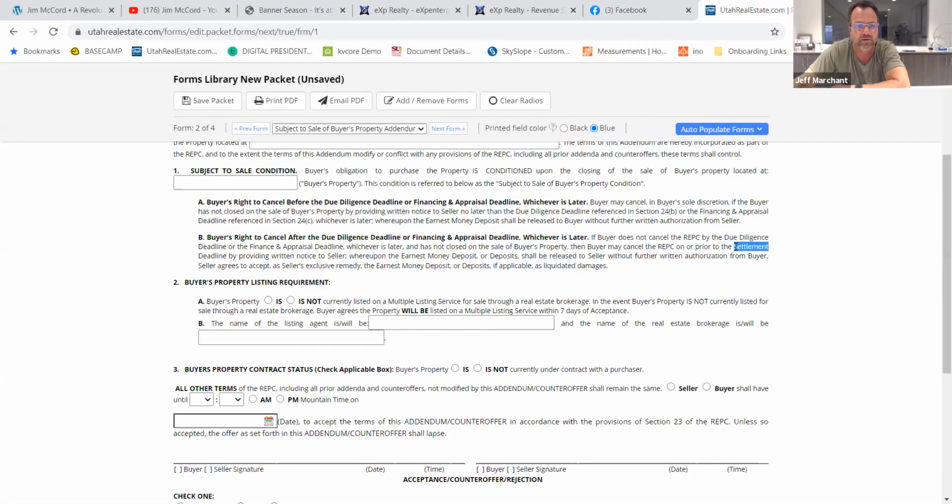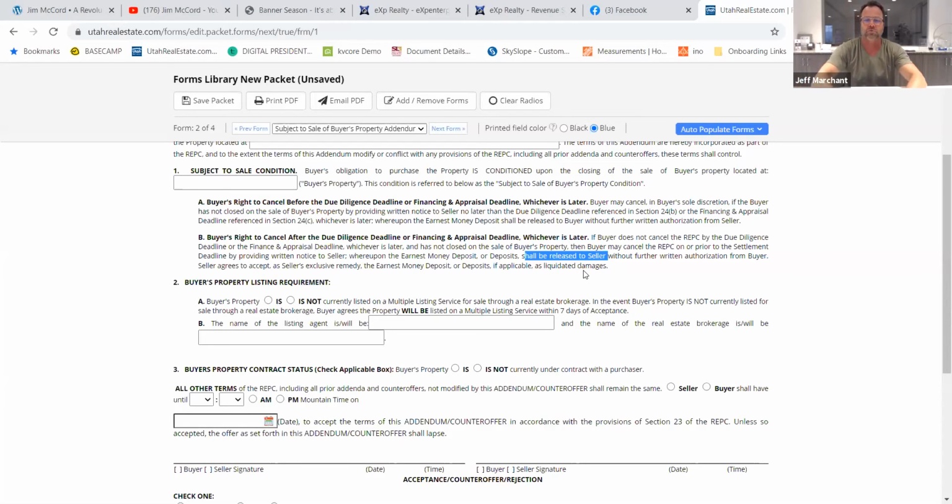That's our very last deadline, right? So on or before the settlement deadline, but by providing written notice to the seller, whereupon the earnest money deposits shall be released to the seller. So the buyer is going to lose their earnest money in this case. Without further written authorization from the buyer, seller agrees to accept as seller's exclusive remedy the earnest money deposit or deposits if applicable as liquidated damages.